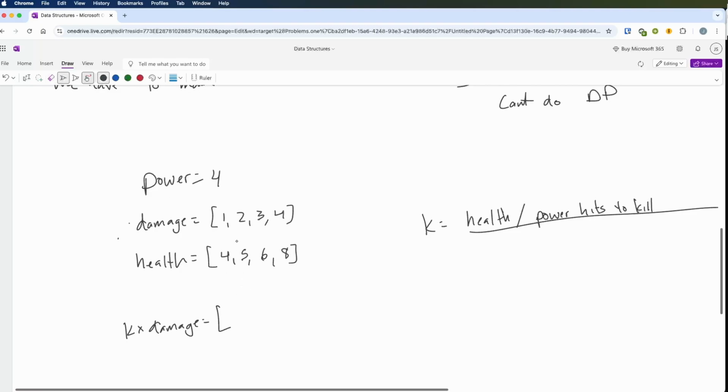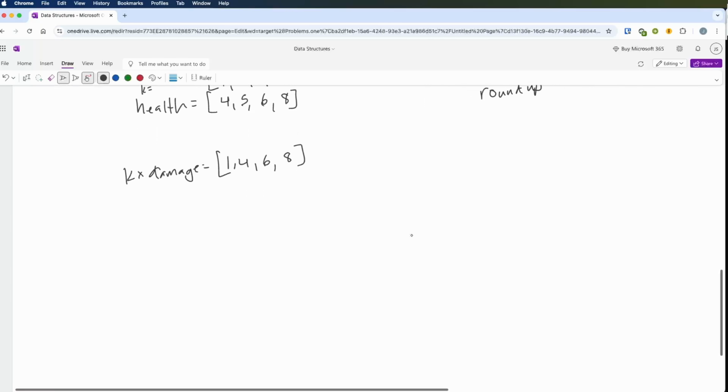So 1 times 1 in this case, you can deal 1 damage. This is 2, we're going to round up. So this is actually going to be our K, 1, 2, 2, 2. So we'll have 2, this is 4, 6, 8, right? So this is the total number of damage that they can deal.